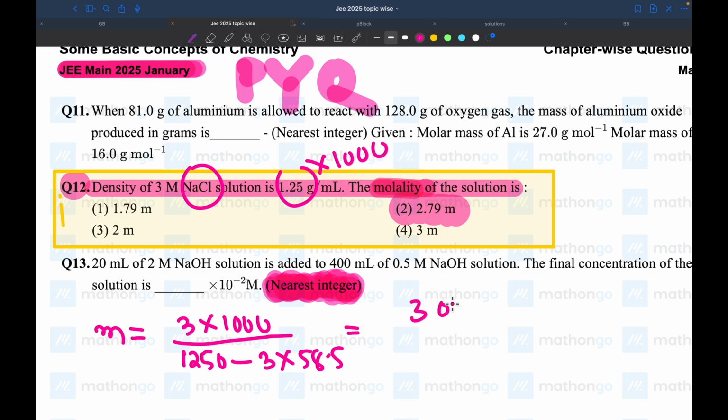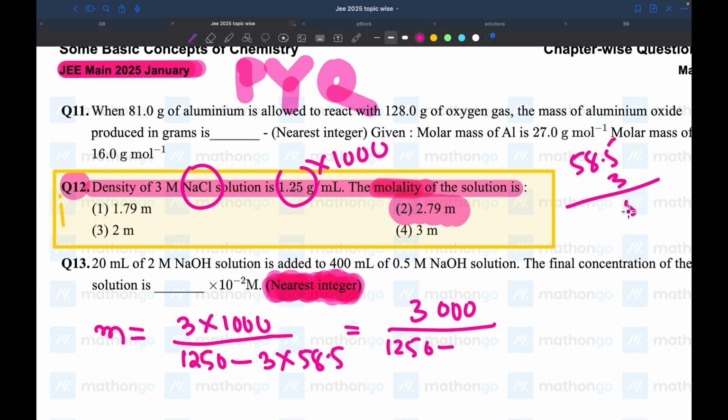So how much is left on top? 3000 is left. Below you got 1250 minus 58.5 into 3.